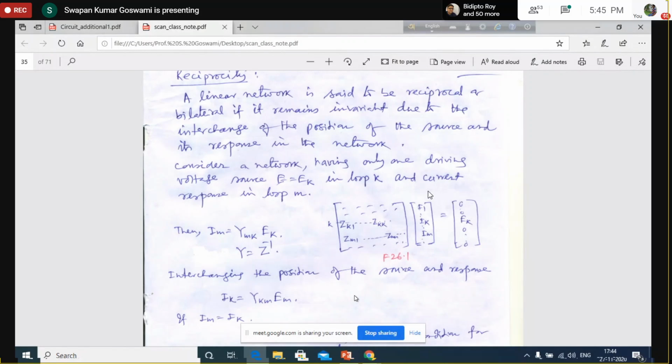In the loop admittance matrix, the elements are like this: Ymk is the mth row, kth column element.